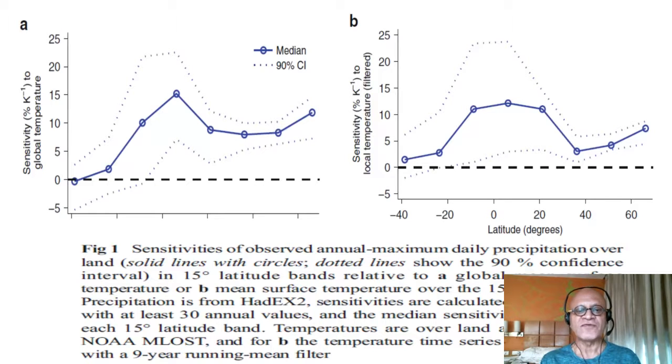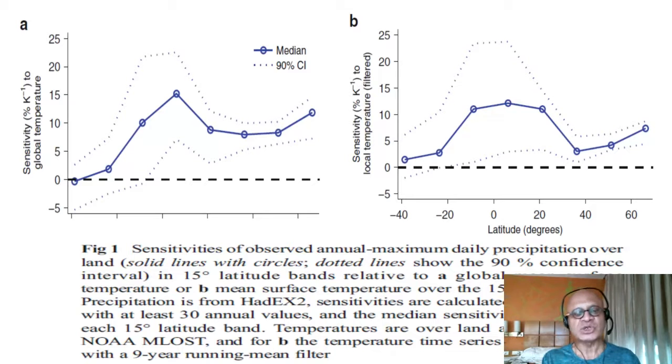One, we want to find extremes on land, but we want to see where the forcing comes from, which is of course from land and ocean, and you want to see what are the global impacts and what are the regional impacts. So if you look at a 15-degree latitude band, you want to see whether the scales you expect around it of 15 degrees is going to have a scaling impact versus the global temperature.